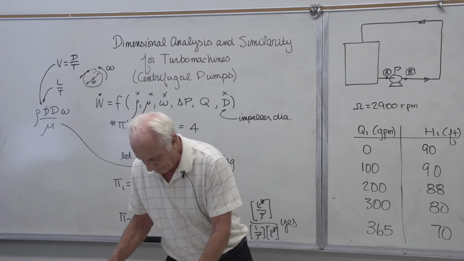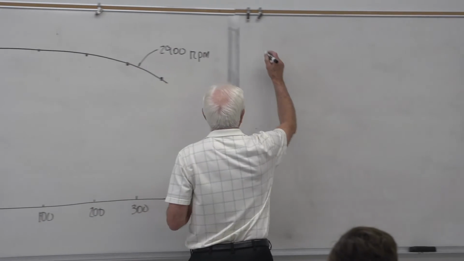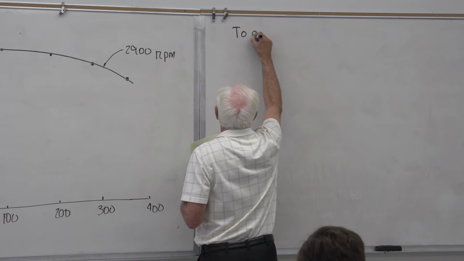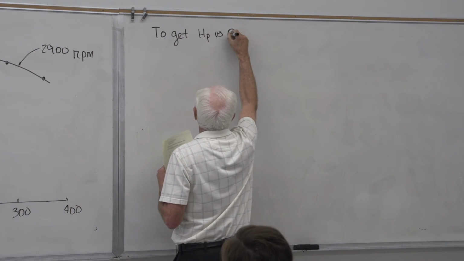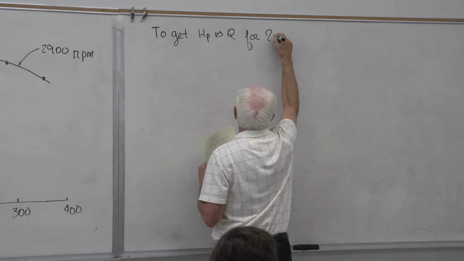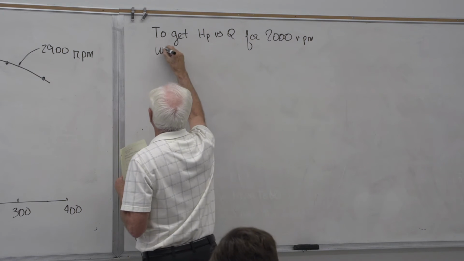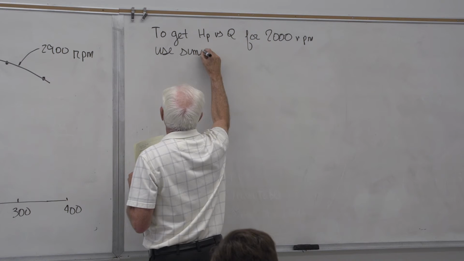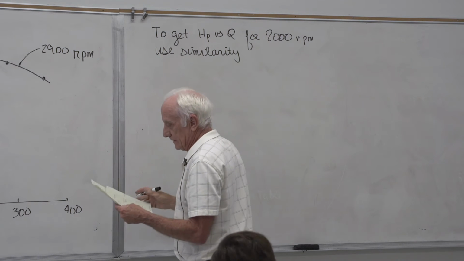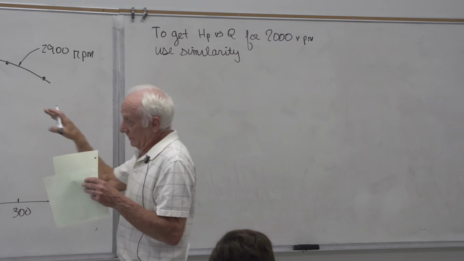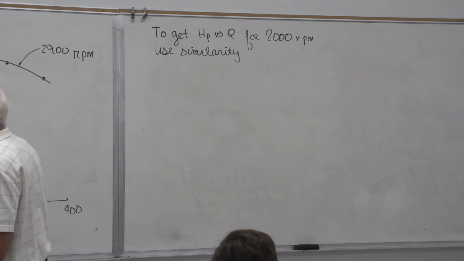So to find out what happens at 2,000 RPM, to get H sub P versus Q for 2,000 RPM, use similarity. Here's what similarity says. If this is similar, and of course it's the same pump, so it's similar.